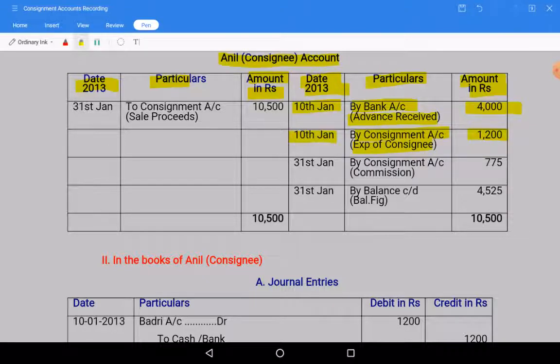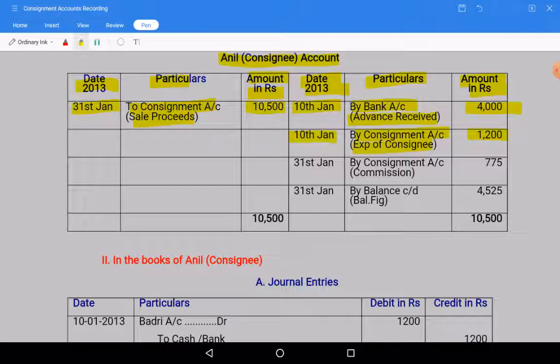On 31st January, the consignee sold the 80 cases for 10,500, that will appear on the debit side. So 31st January, to consignment account, sale proceeds 10,500.